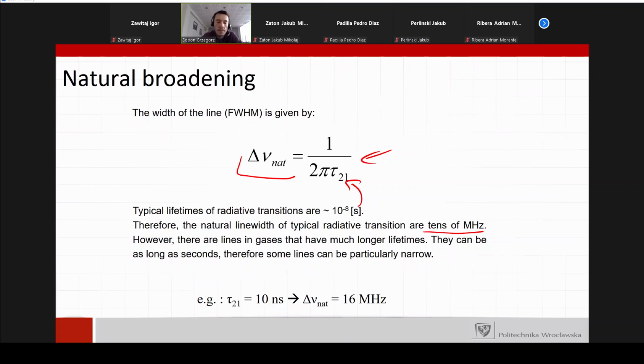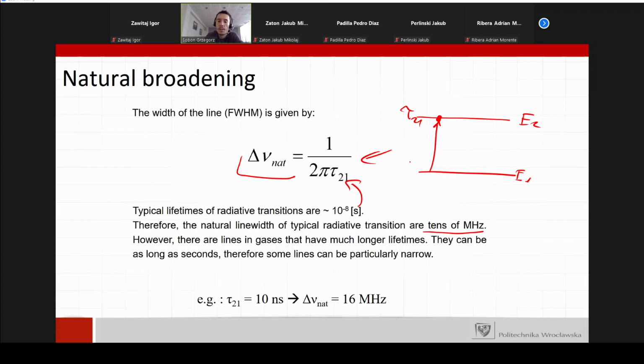But there exist lines that have much longer lifetimes, especially in gas lasers. So in gas lasers, if we have this upper energy state, the lifetime of this state is very long. When the atom is excited to the state, it will stay there for sometimes even seconds before it will lose its energy.